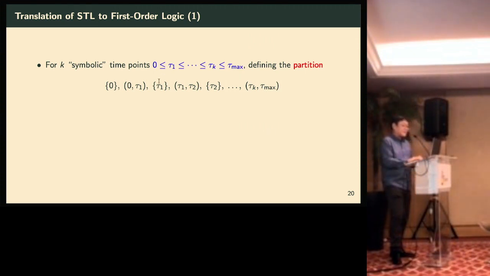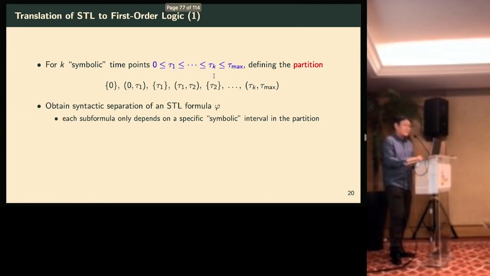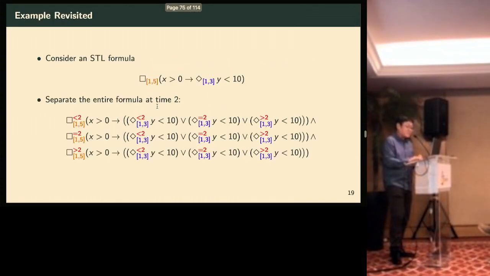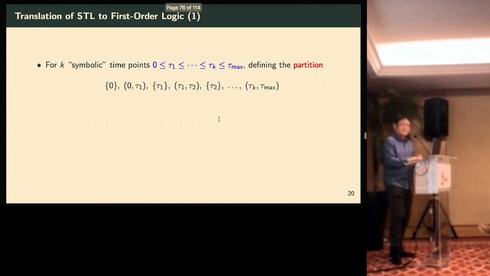So basically, given symbolic variables, we can obtain some syntactic separation. We separate at each time point, for example for 2, just like that. For some symbolic variable tau 1, you can have a similar separation.